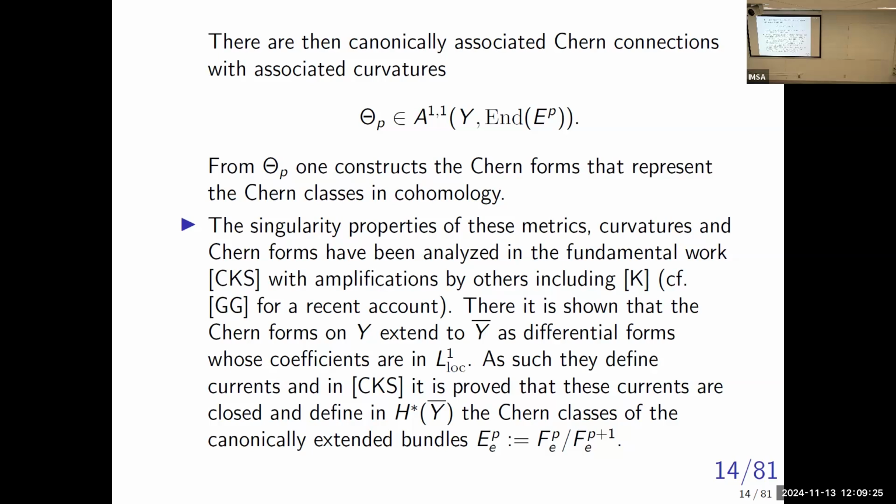You can integrate it against smooth things and give a finite number. So they define currents, and one knows that when you take the cohomology of the space of currents, that's the same as the cohomology for smooth forms. And these currents then define the Chern classes of the extended bundle.